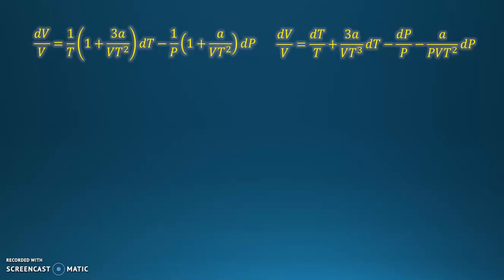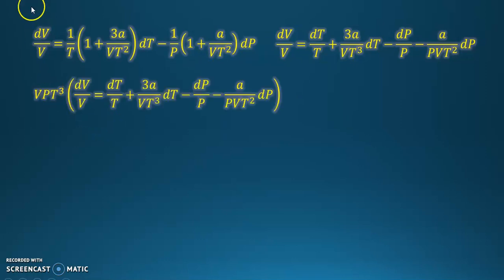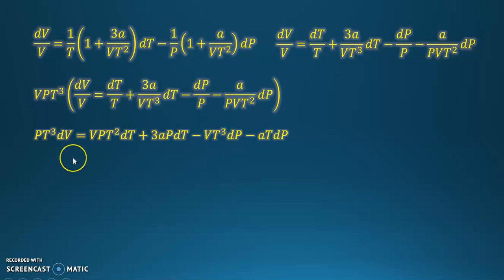In this case, the minimum common multiple will be this term, V times P times T cubed. If we multiply the whole equation by this term, we get that the differential equation that we must solve is this one that we have in here.